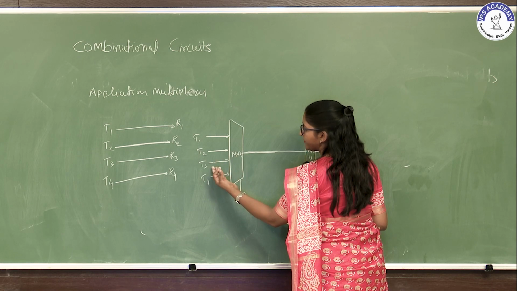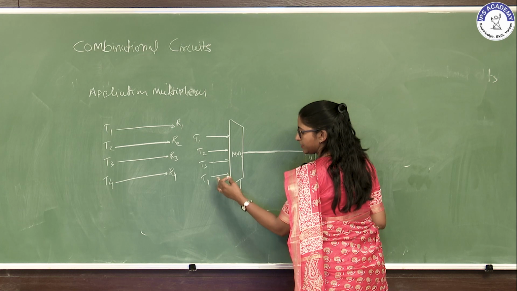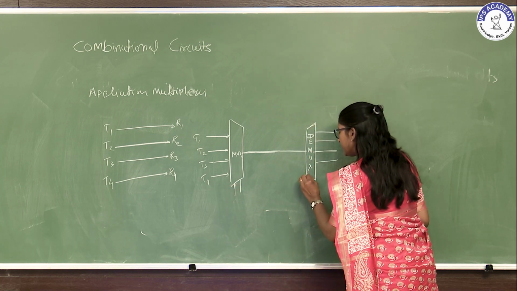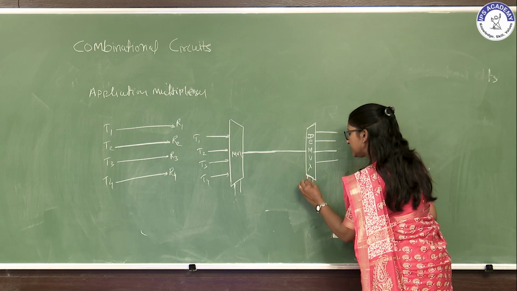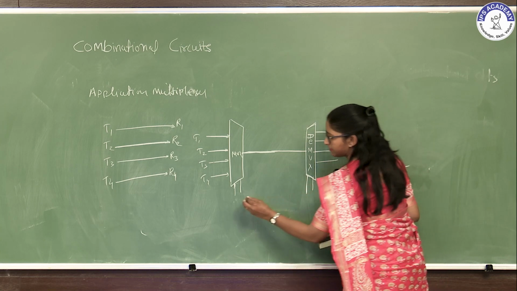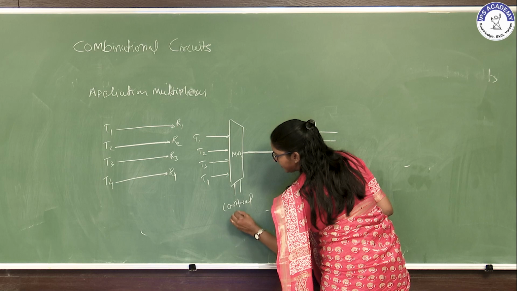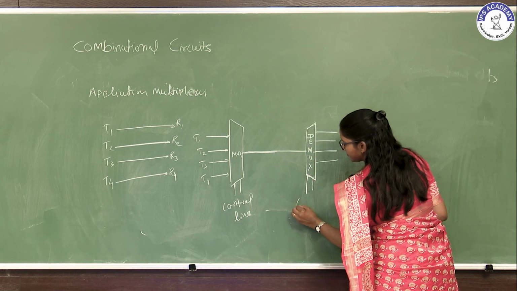When the combination is 1 0, T3 will be available, and when the combination is 1 1, T4 will be available. So, through this we can decide. Similarly, these are the control variables or selecting variables, control lines or selecting lines.